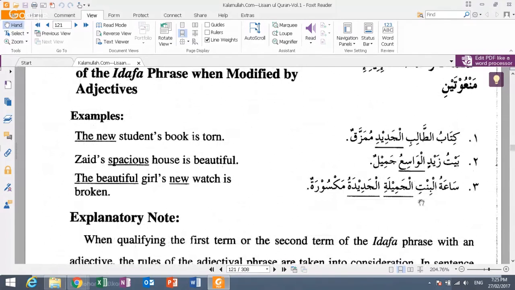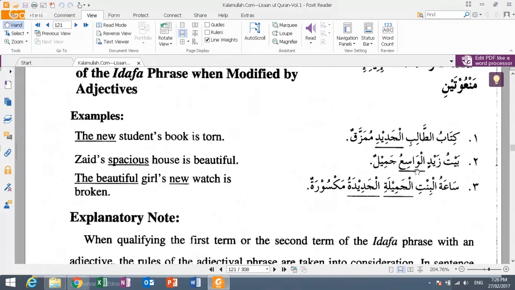Now, here the example Baytu Zaidin, and then al-wasi'u, then jamilun. So you can see the differences here. This al-wasi'u, this is not a sifa of it. So that's why we say Baytu Zaidin.